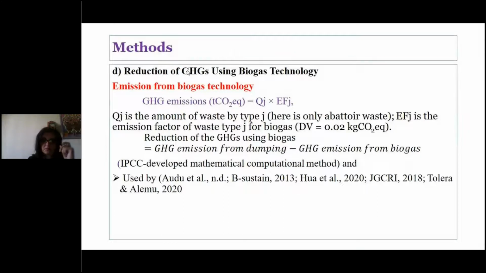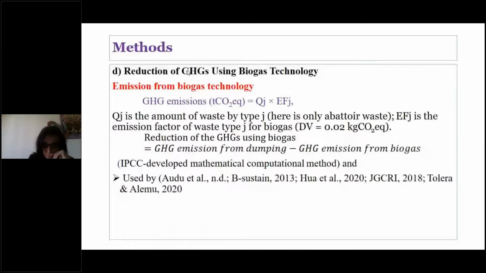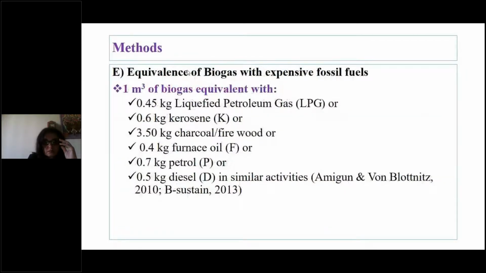Once these are calculated, by subtracting the emission from biogas technology from the emission from the dumping site, we can easily calculate the amounts of greenhouse gas emission that could be reduced if biogas technology is introduced at the study site.